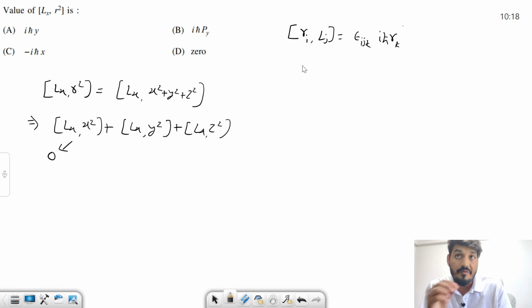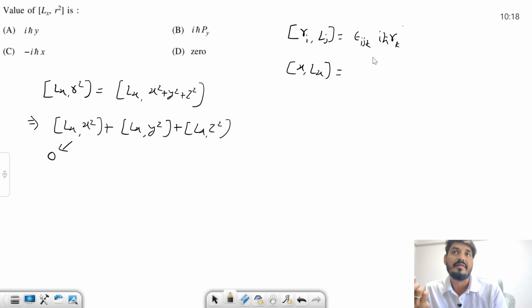How? For example, X with Lx, that means i equals j. When i equals j, this epsilon ijk is 0. This is the property of epsilon ijk. This is always 0 when i equals j, if any two indices are equal, and this is 1 when i is not equal to j, not equal to k.